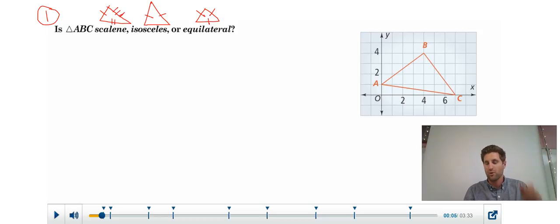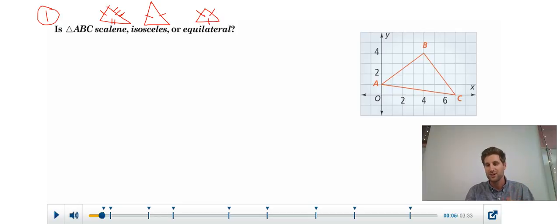Now basically what we want to do is check to see if side lengths are congruent. And what you want to do in these ones is look at the picture. Normally I say don't go off what it looks like, but when it's on a graph that's done perfectly, probably computer created, we actually want to look at it and take a guess what we think it is.